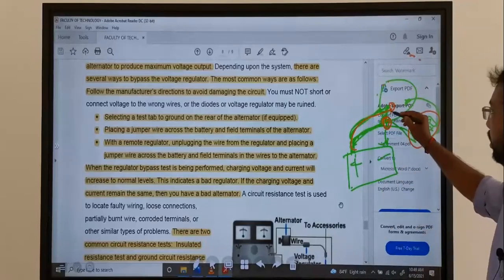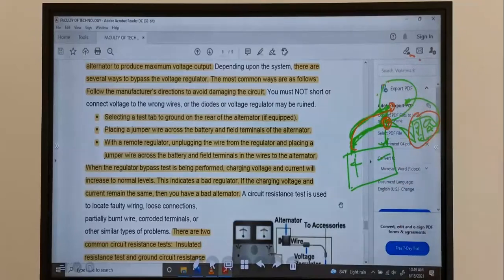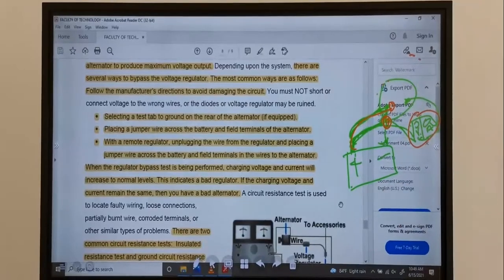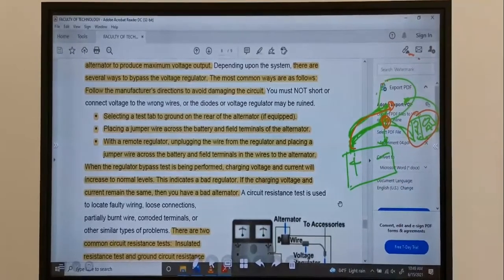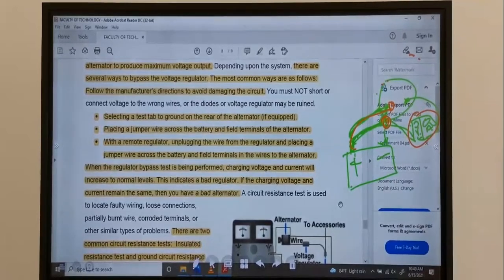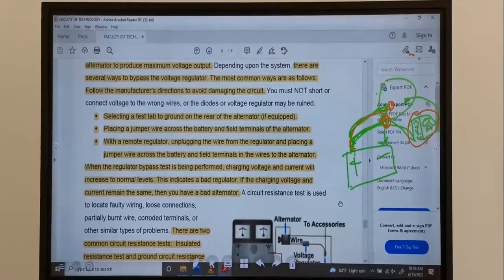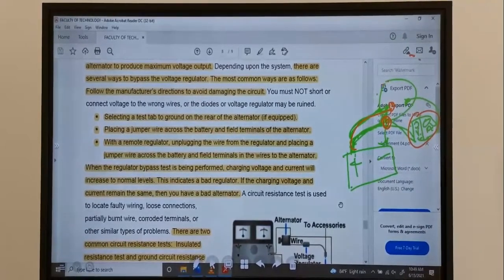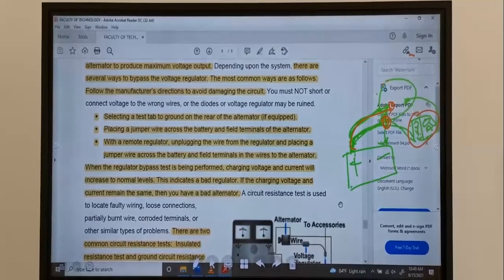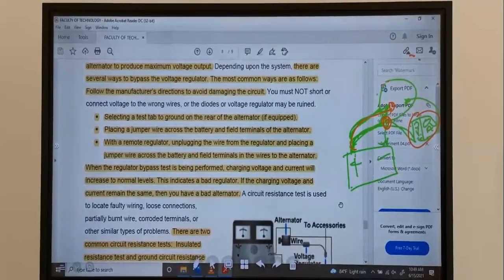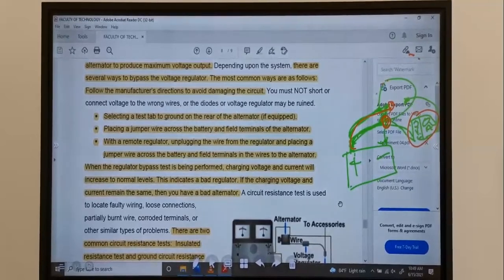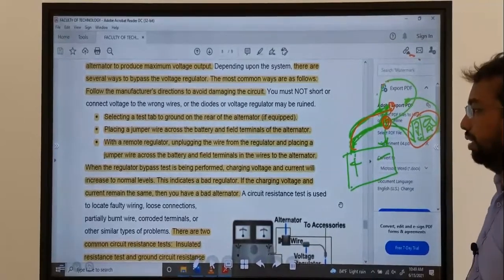After the regulator, we measure the values. The charging voltage and current will increase to the normal levels. Now, without the regulator, what will happen?